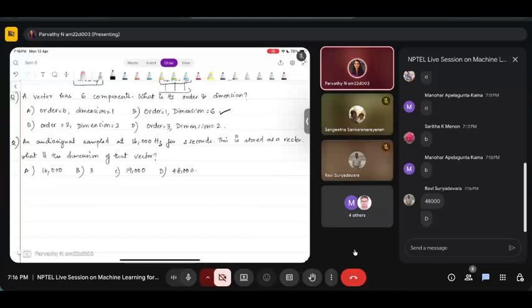So the number of samples here is sampling rate into duration. So sampling rate is 16,000 hertz, so 16,000. Duration is 3 seconds, equals 48,000. So this much data is flattened into a vector. So the dimension of that vector will be 48,000.